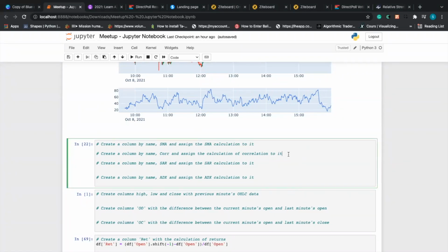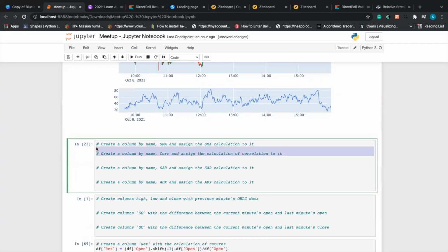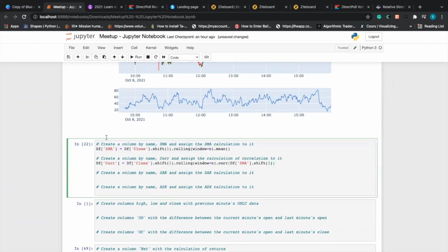There is SAR. Last time, during the first session when we developed our first trading bot, we talked about the SAR. Let me paste the code right here, with a short description of the various indicators.